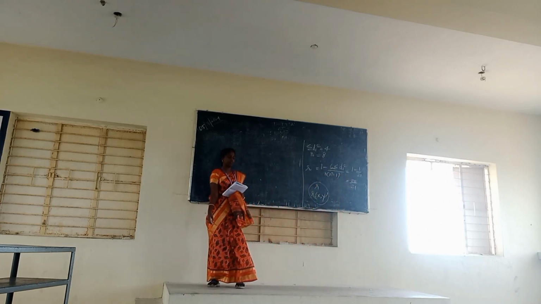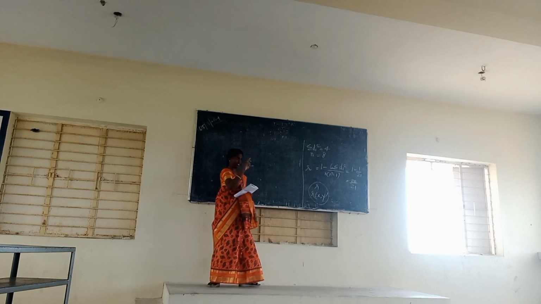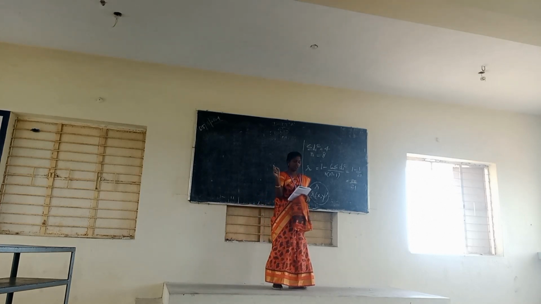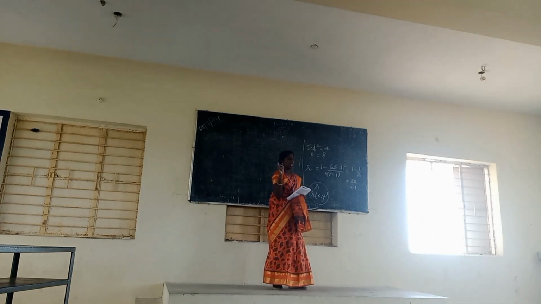55, 64. I'll repeat once again, x values: 68, 64, 75, 50, 64, 80, 75, 40, 55, 64. Okay.